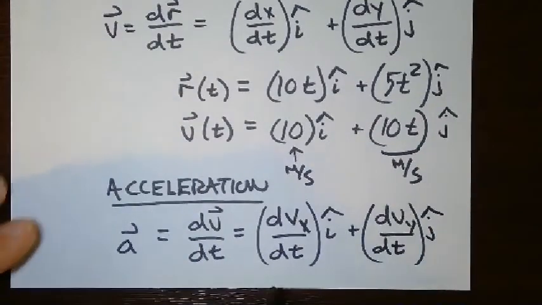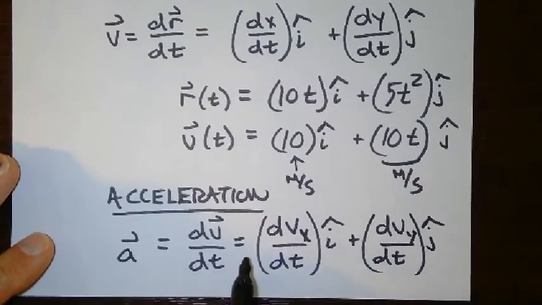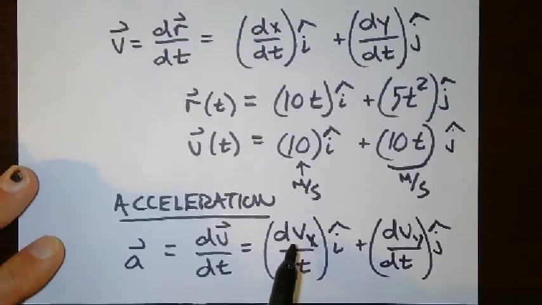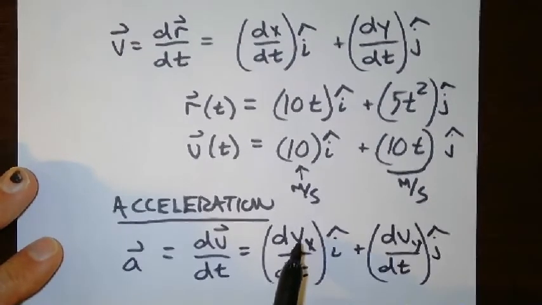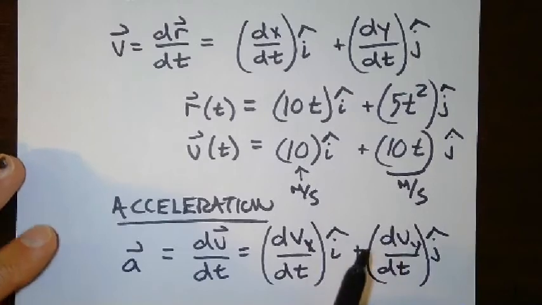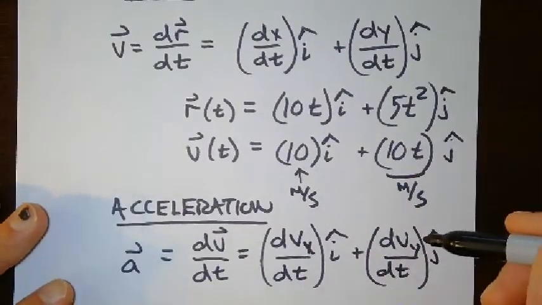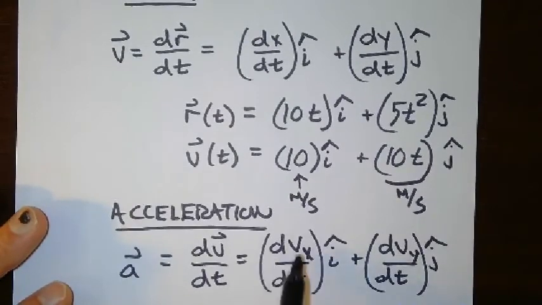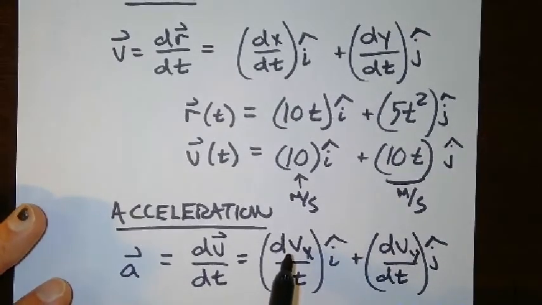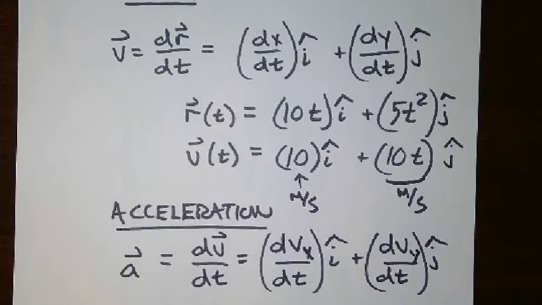And so, of course, in order to evaluate this acceleration, you have to know the velocity as a function of time. And I think you could imagine what types of functions we could put in for things like that. So it's the same story as what we did up above. You have to be given a velocity function in its unit vector notation before you can do anything with this.